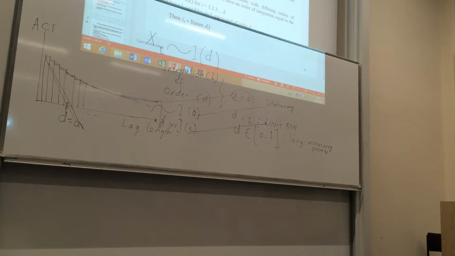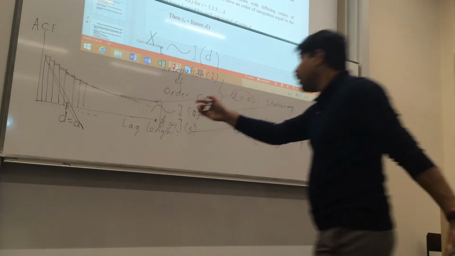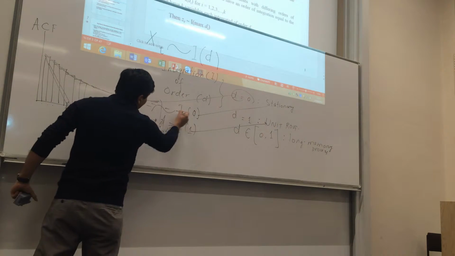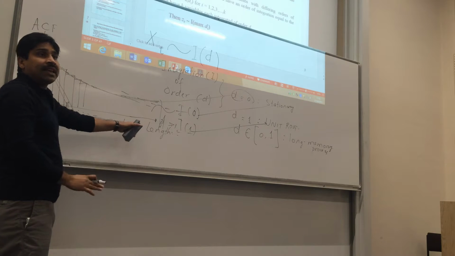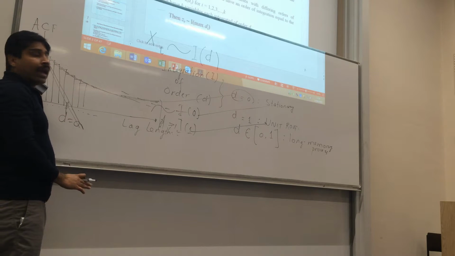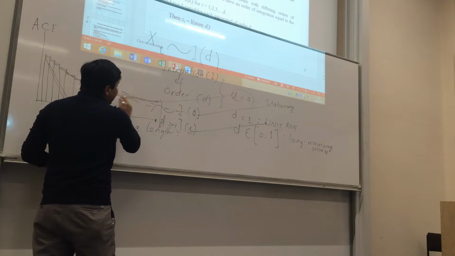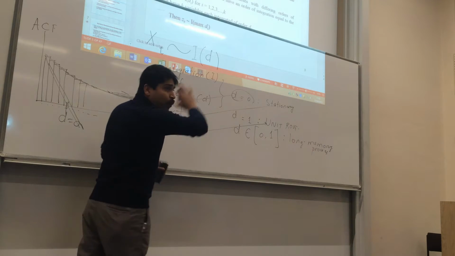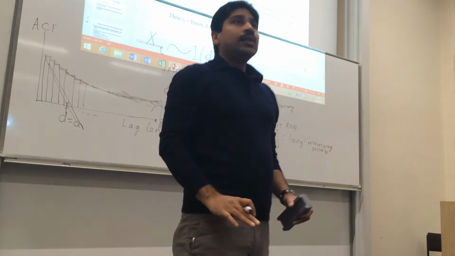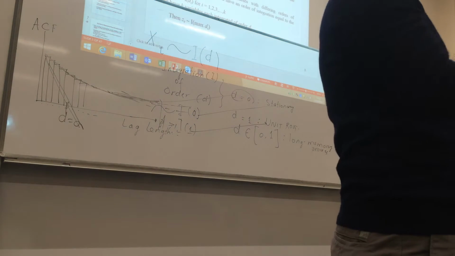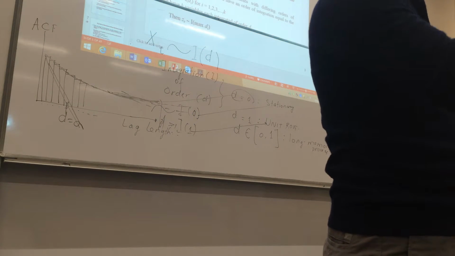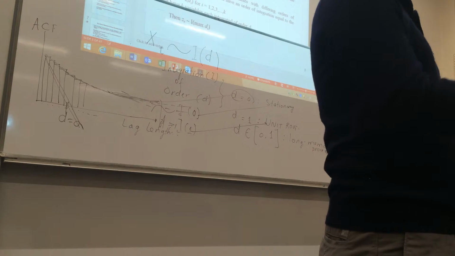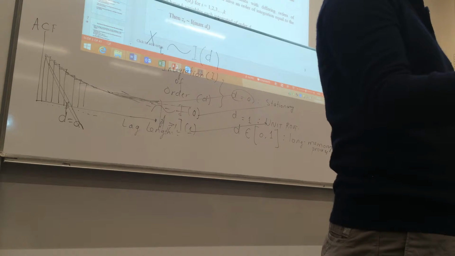Some degree of irrationality can give rise to this graph. That means something happened a long time ago, but it still influences. It just goes on forever, and I don't see any possibility of convergence. So in this case, I can say d equal to 1.